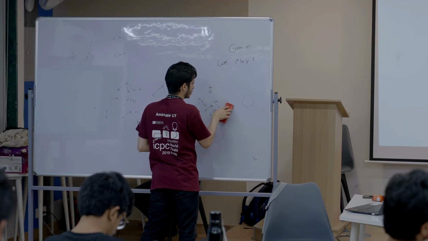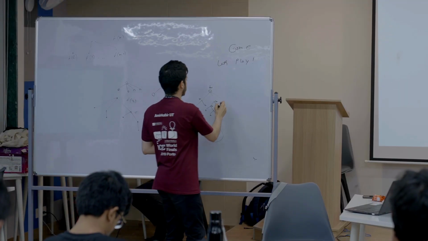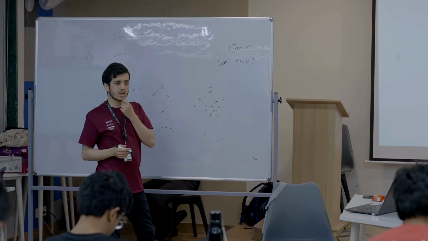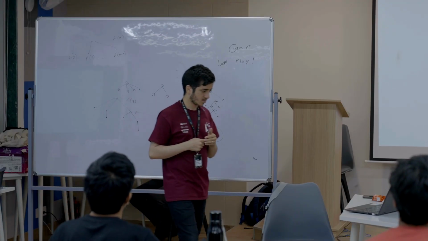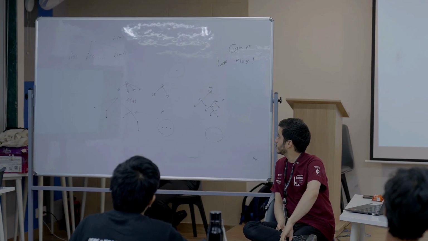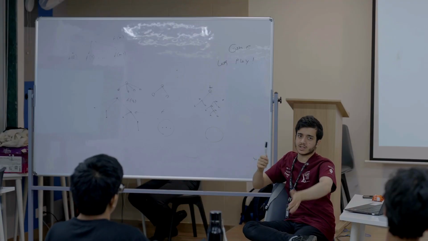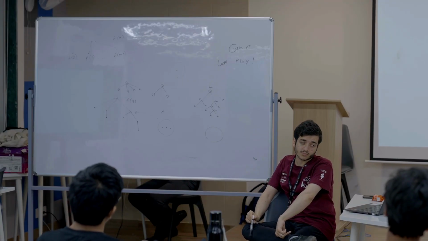So what about this one? What about this one? This is not for sure an empty pile because we have the option to move here. So at least one choice. So it will have at least one token, but maybe more.